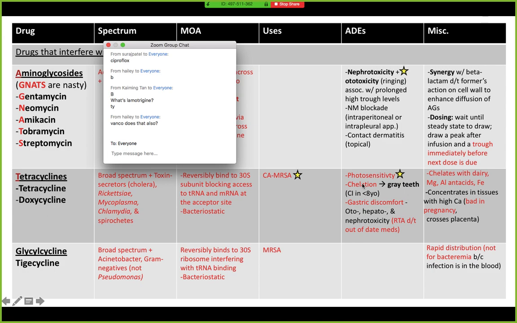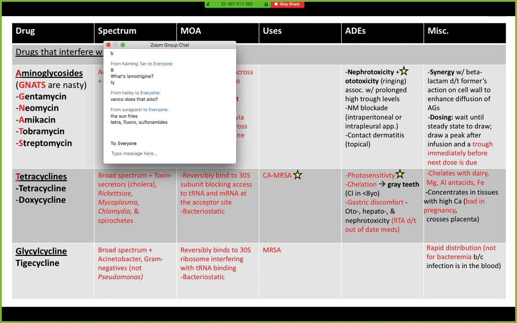So for tetracyclines, she gave you a mnemonic of antibiotics that have an adverse effect of photosensitivity. Do you guys remember what that was? Right, the sun fries. And what does that stand for? Right, tetracyclines, fluoroquinolones, and sulfonamides.